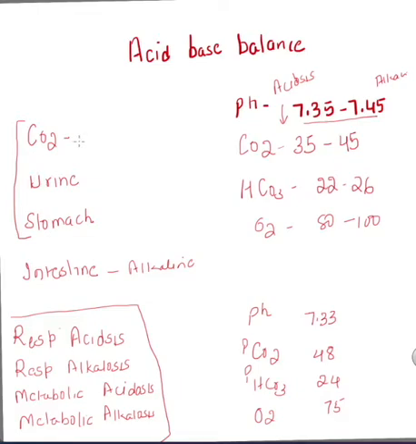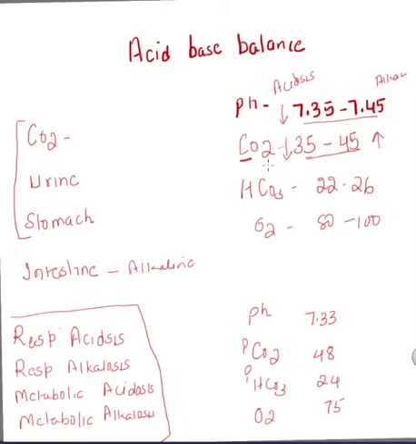CO2 is acid. We just said that. So if it is above 45, it is going to cause acidosis. If it is below 35, then it will cause alkalosis because we need a certain amount of acid, between 35 to 45, to maintain our pH level, which is 7.35 to 7.45.